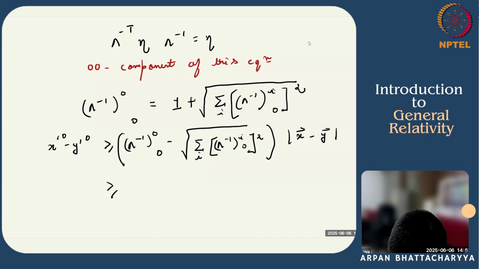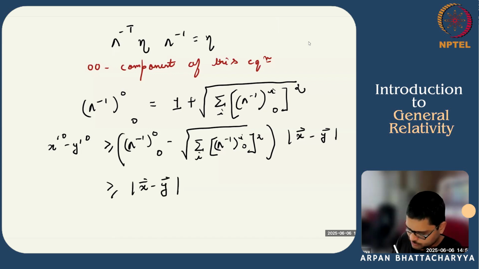So we will simply have this, and this is greater than or equal to the modulus of this, which is a positive number in general. And hence the proof that for timelike and lightlike separated events, there exists a Lorentz invariant notion of time ordering when you are going from one inertial reference frame to another by an orthochronous Lorentz transform. Thank you for listening.